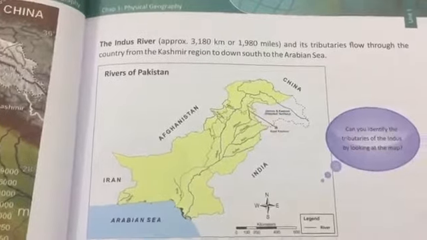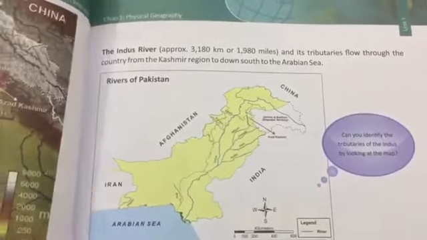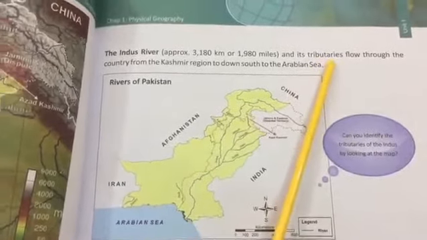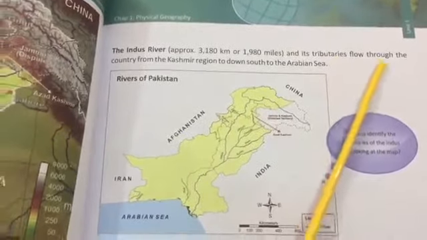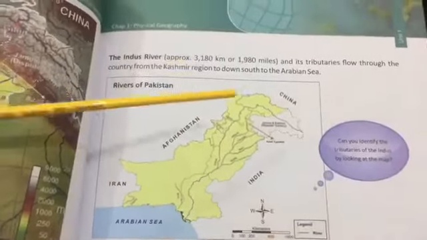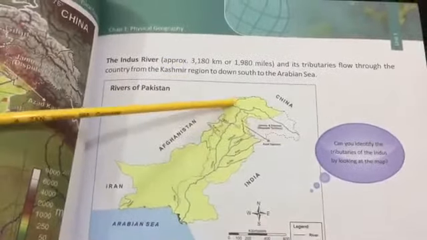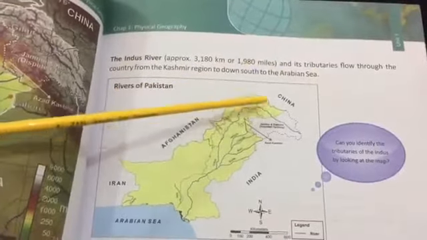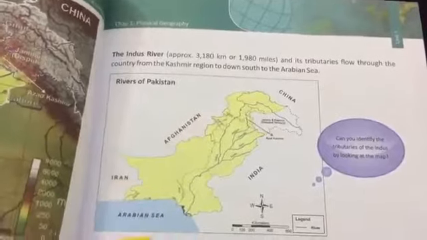Then we have the Indus River and its tributaries, the other rivers like Ravi, Chenab, Jhelum. They flow through the country from the Kashmir region down south to the Arabian Sea.